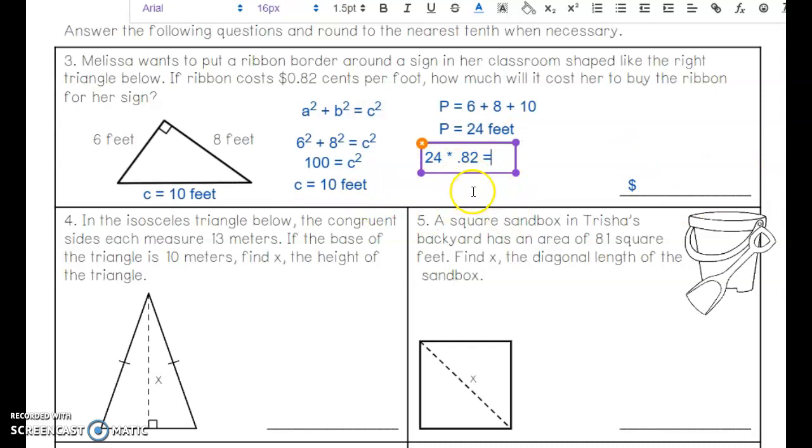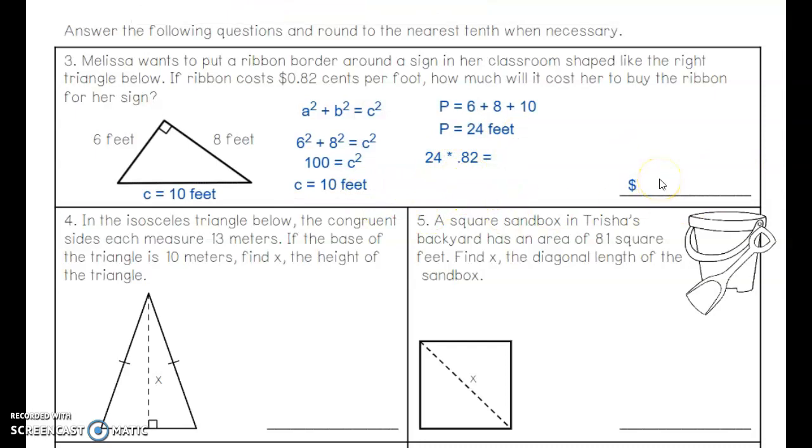Go ahead and take a second to do that. Write your answer in your answer box and come back and check your work. Pause the video now. Okay, you should have gotten that the total cost of the ribbon to put the border around that sign is going to be $19.68.